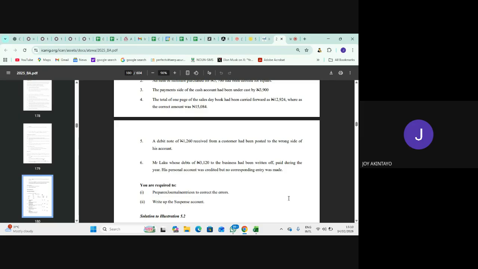So the corresponding entry: the man paid us cash, so we are receiving cash. Debit cash account.